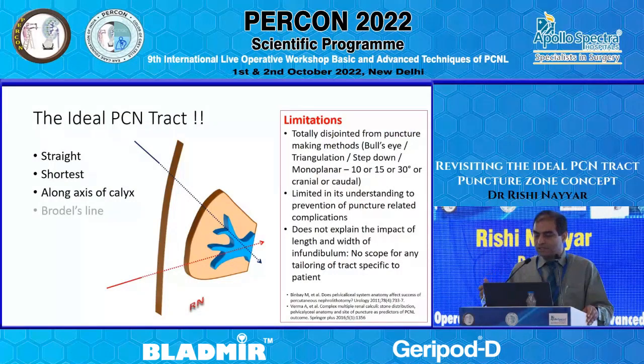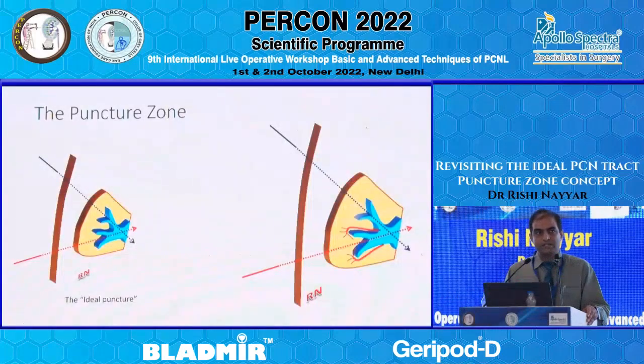Third thing is that it doesn't explain the impact of length and width of the infundibulum at all. And therefore, there is no scope for tailoring of the tract specific to the patient. So again, the current definition of an ideal tract stands in deficit. To upgrade this definition, we developed a concept of a puncture zone.